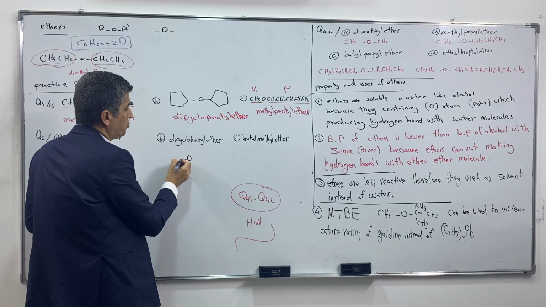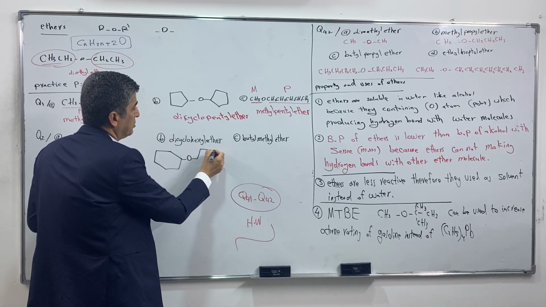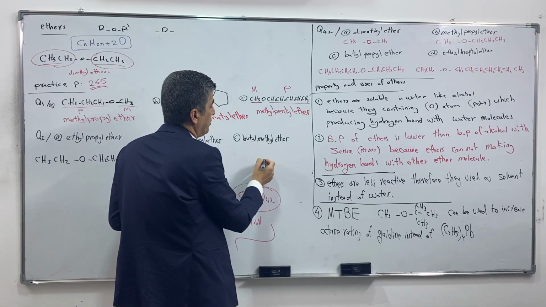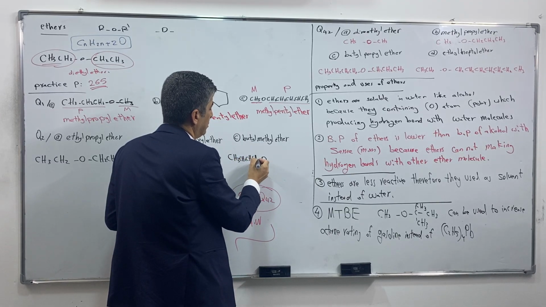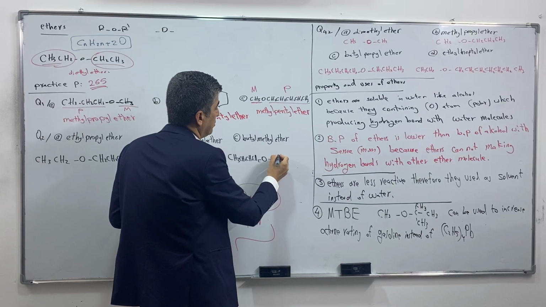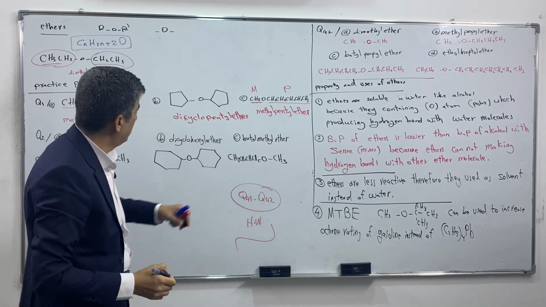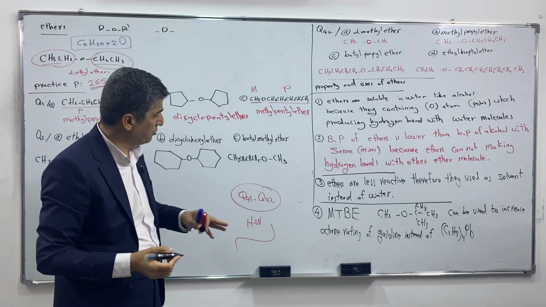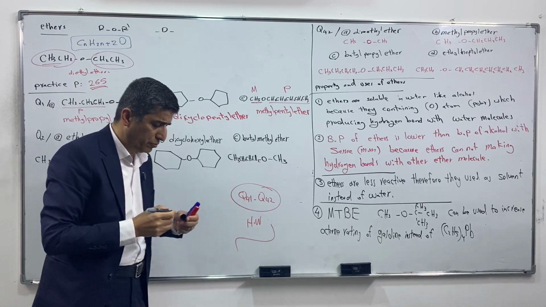We have oxygen, two cyclohexyl groups on the two sides. And the other one we have butyl methyl ether, oxygen, butyl, and methyl CH3. Also we have other questions in the chapter review. You will try to solve questions 41 and 42 as homework.